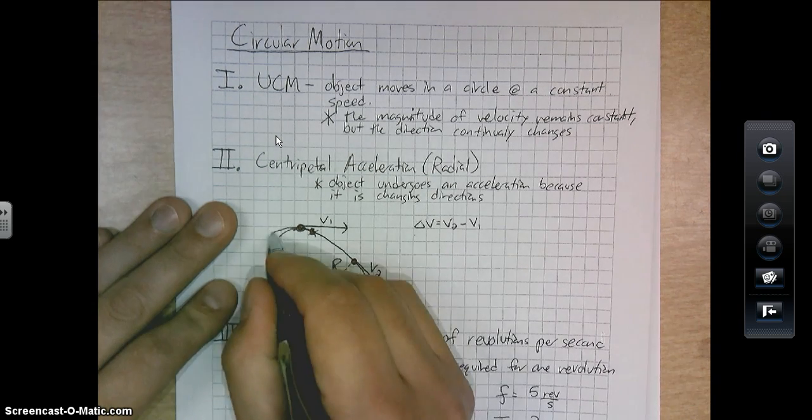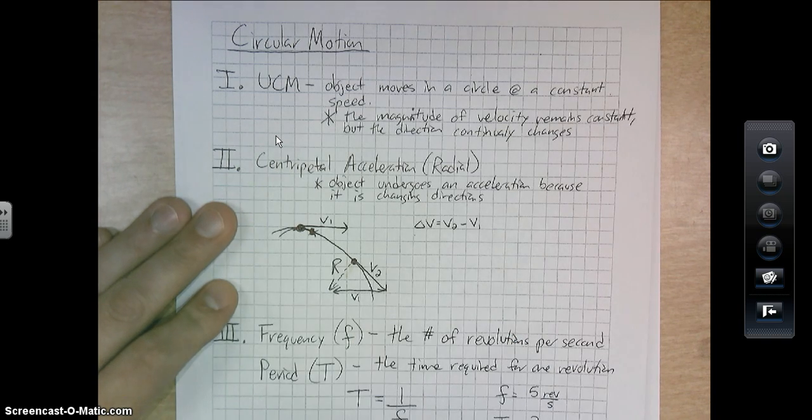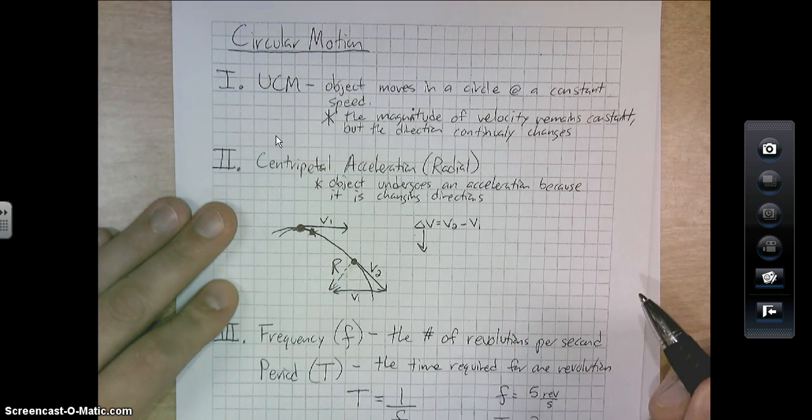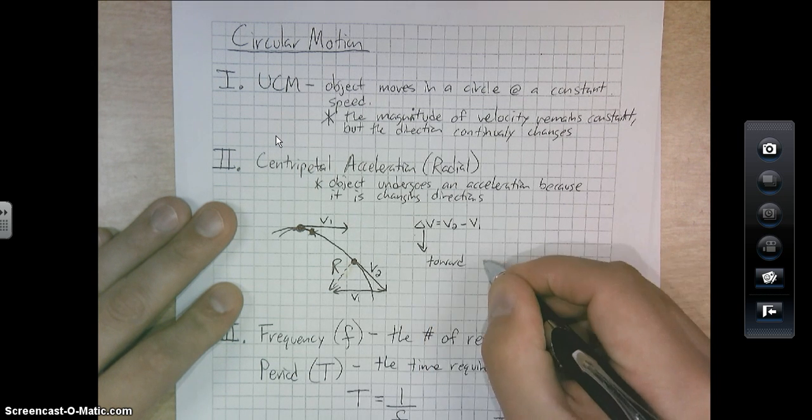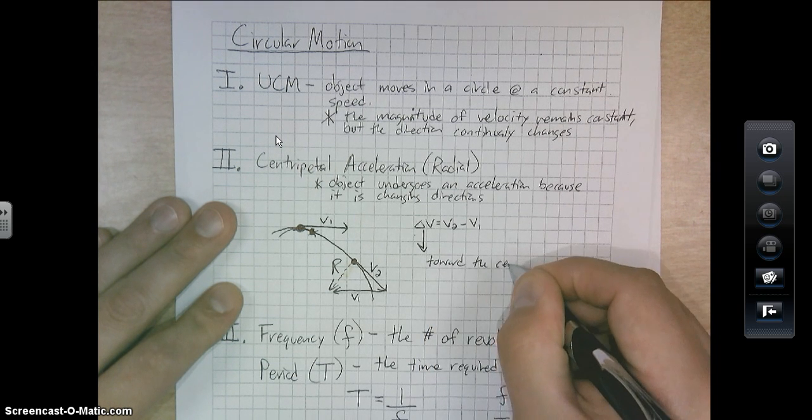My circle's kind of crappy here. If I extended it out, it would look more as if it was towards the center. But this change in velocity is always directed towards the center of the circle.